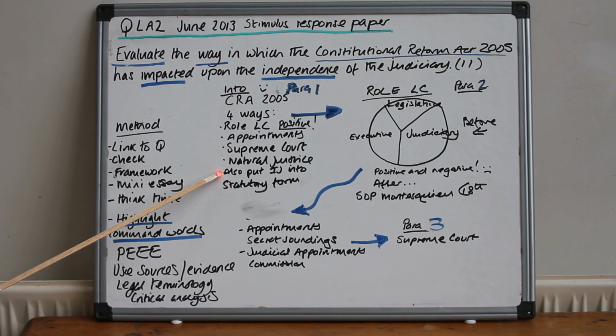We would also note there, possibly, that this act was particularly important because it put the idea of judicial independence into statutory format, and this is really the first time in 900 years, so that's incredibly important. So that's your introduction. As you can see, the examiner will already think, okay, they know what they're talking about here.